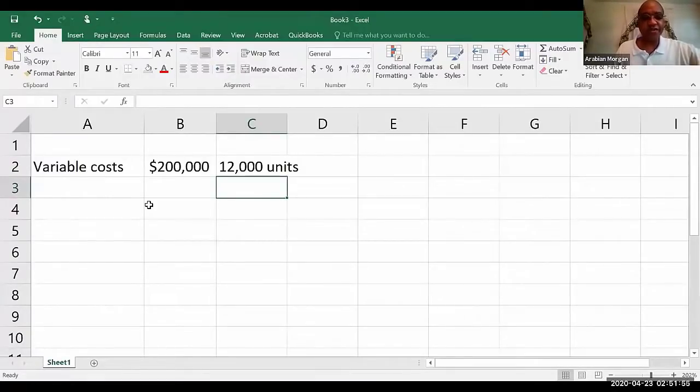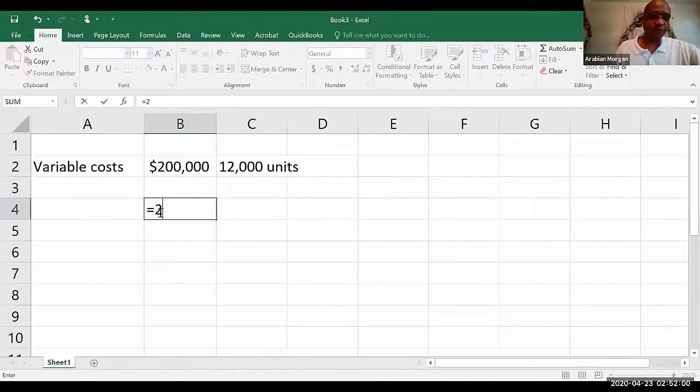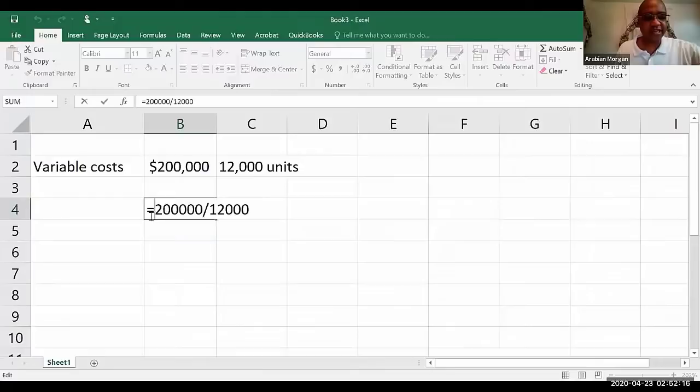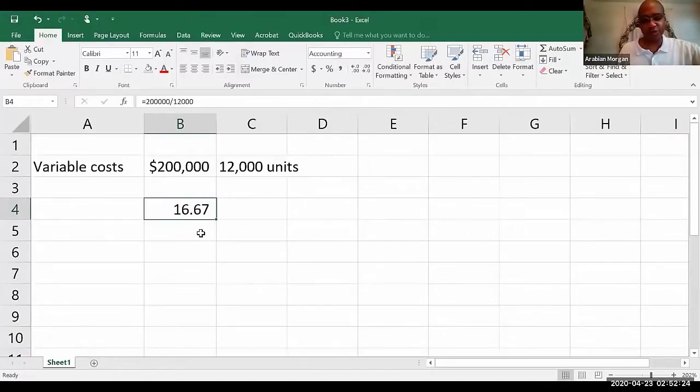The first thing we need to do is take this $200,000 and break it down to a per unit amount by dividing it by 12,000 units. And we get a little over $16.67. Rounding may occur depending on where you decide to round. I'm going to go out to two decimal places and say that this equals $16.67 per unit.